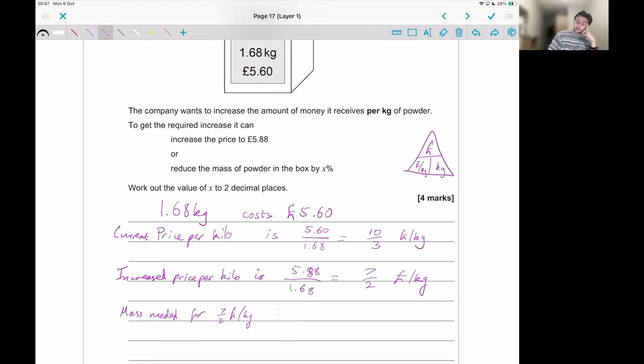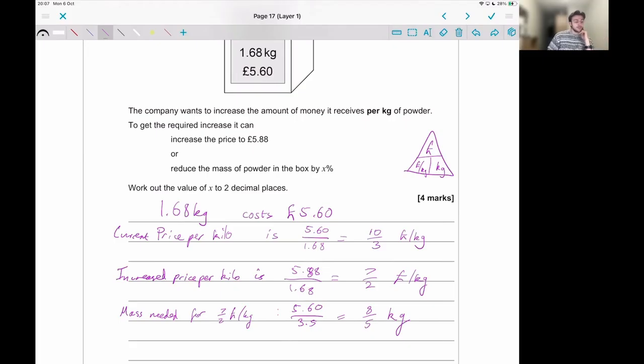To work out the number of kilos that you need, you cover that and you get pounds divided by pounds per kilo. It's the same as speed, distance and time. So we're going to take £5.60 and divide it by 7 over 2, or by 3.5, same thing. And that's going to give us 8/5 kilos.